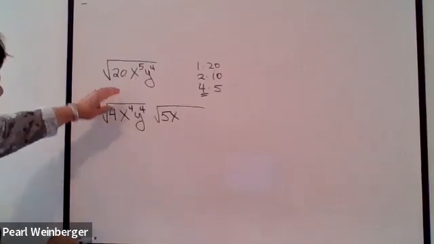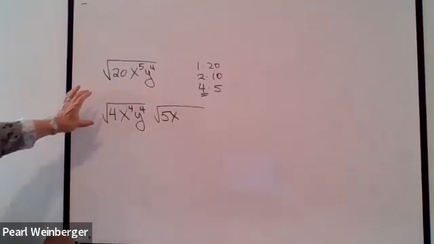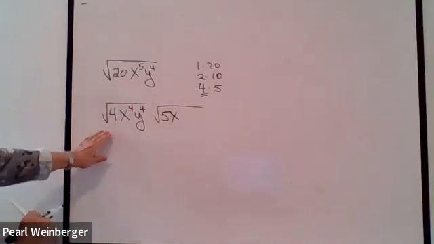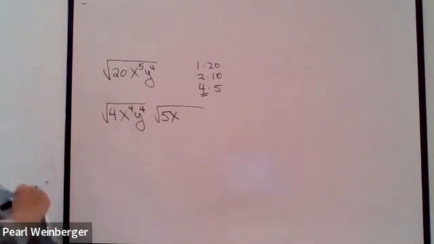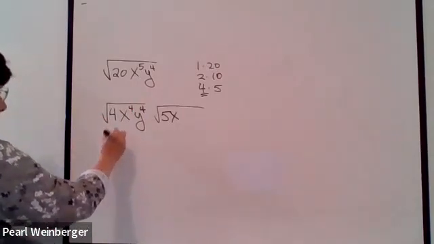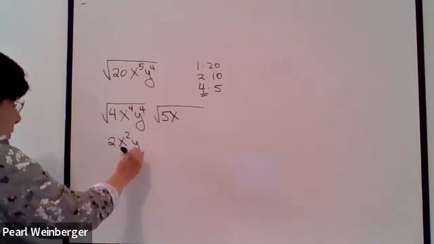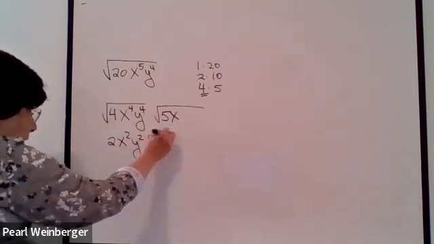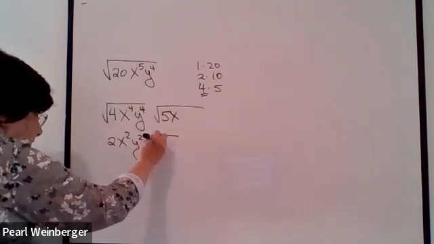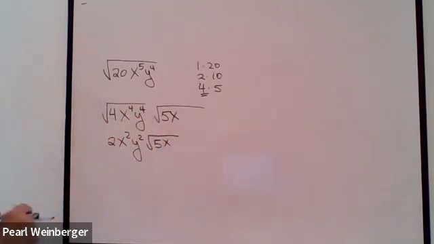Now, in this first radical, what I have is a perfect square, so I can take its square root. The square root of 4 is 2. And the exponents I divide by 2, I get x squared and y squared. What's left inside the radical is 5x.